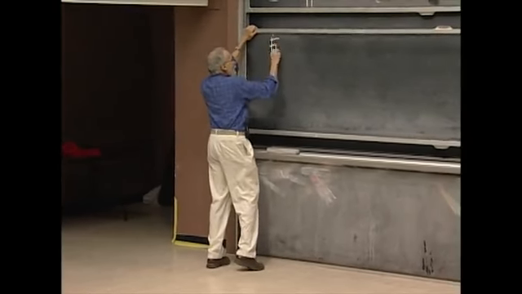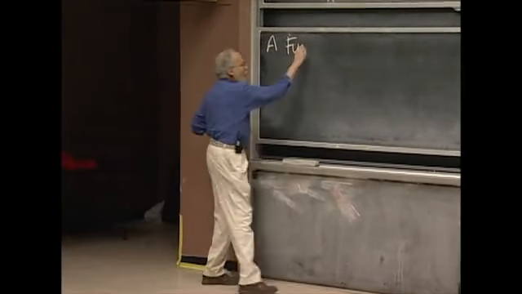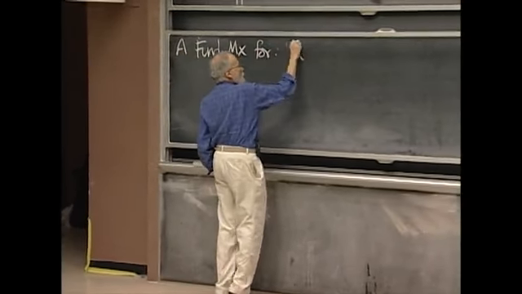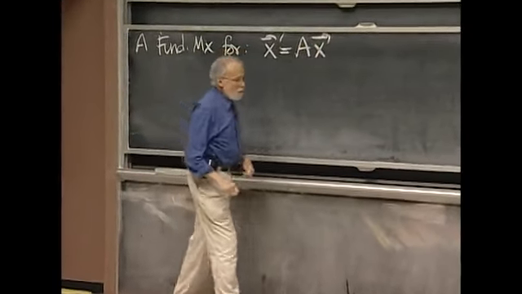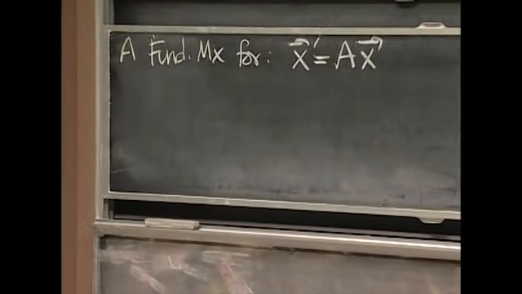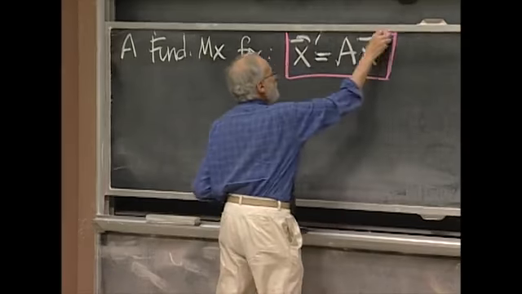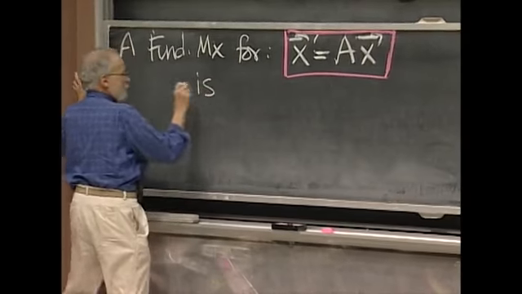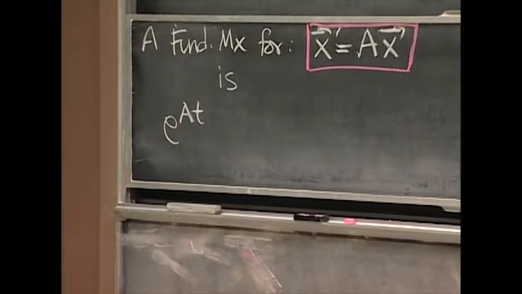So a fundamental matrix, I don't claim it's the one, a fundamental matrix for the system x prime equals Ax. So that's what we're trying to solve, and we're going to get 2 solutions by getting a fundamental matrix for it. Then the answer is e to the At. Isn't that what it should be?